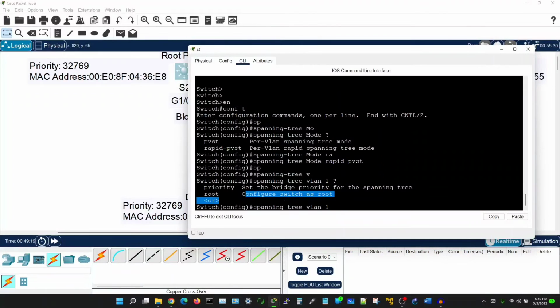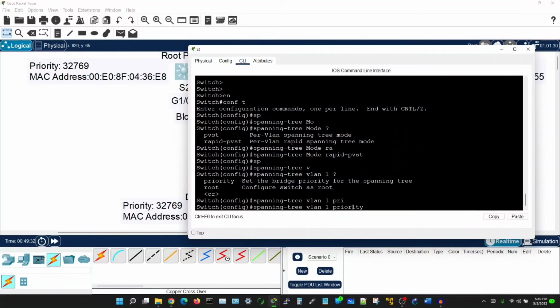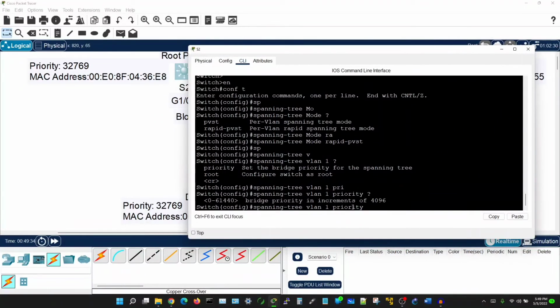Now we can go ahead and say, yeah, I want to be the root, but we also can make a priority based on number values.